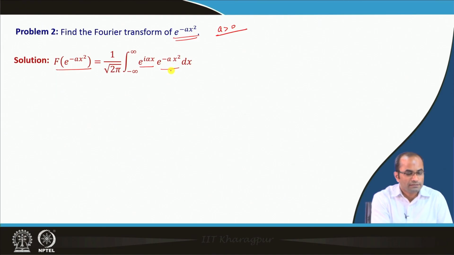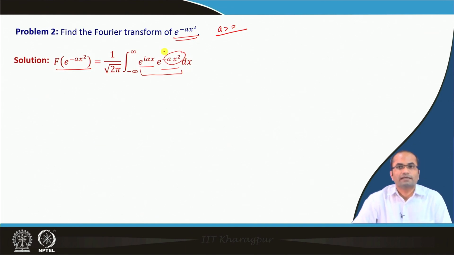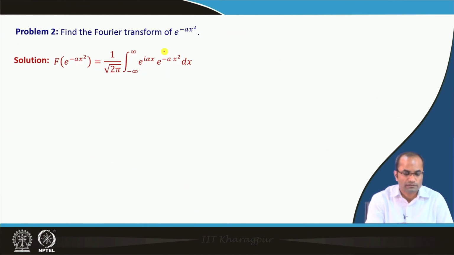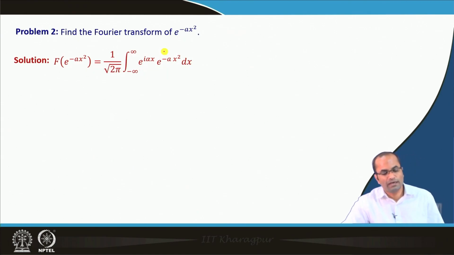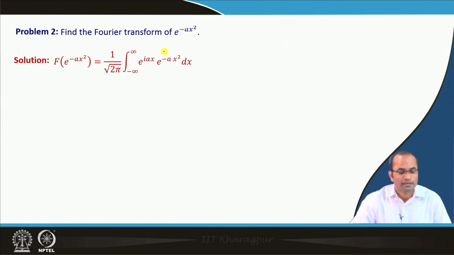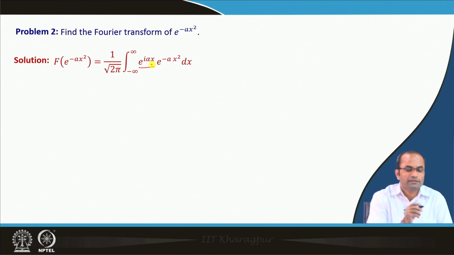In this case things are a bit more complicated because of the minus a x square. It is not a simple integration anymore, and we have to think about how to deal with a situation where we have one exponential function e power minus a x square, and the other one is already there because of the definition, e power I alpha x.